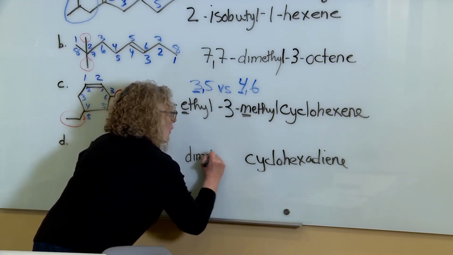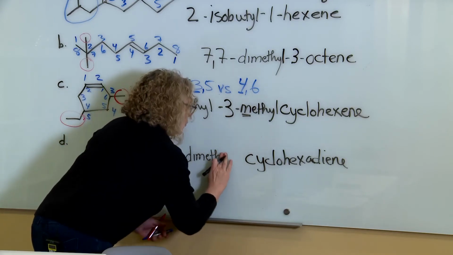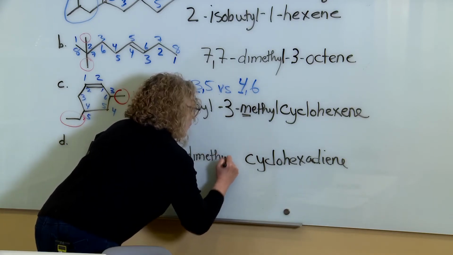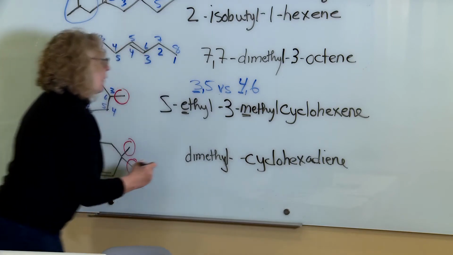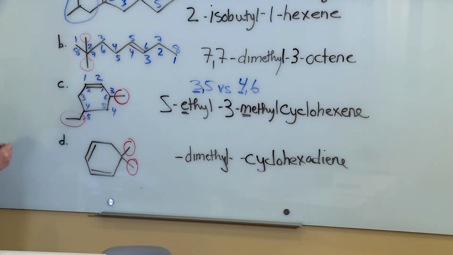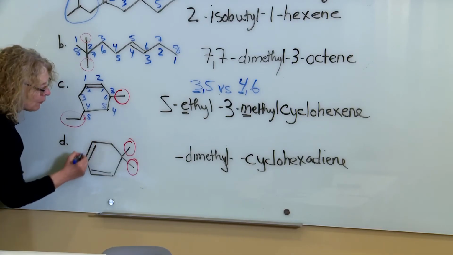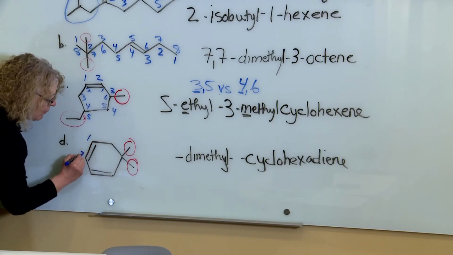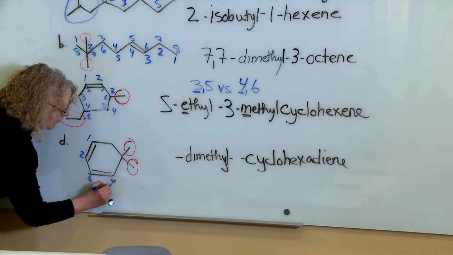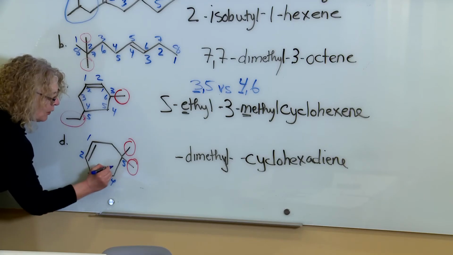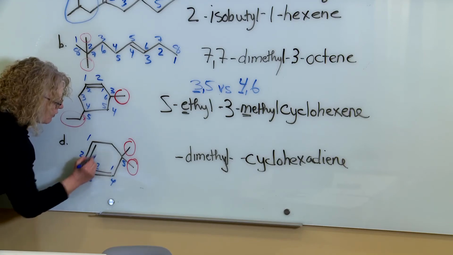Again, we spend most of our time just trying to figure out the numbering scheme. So we will number through the double bonds and give them the lowest possible number in this direction, but you can also go in the opposite direction.